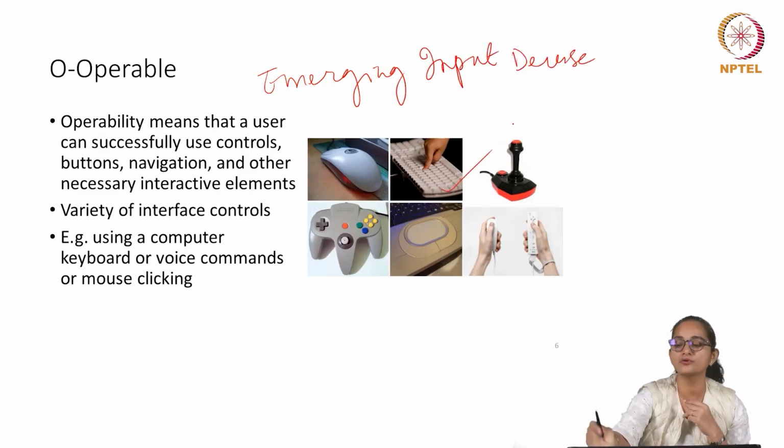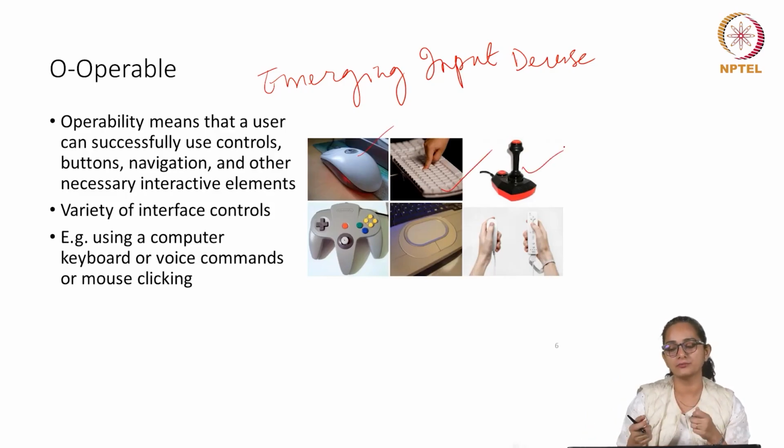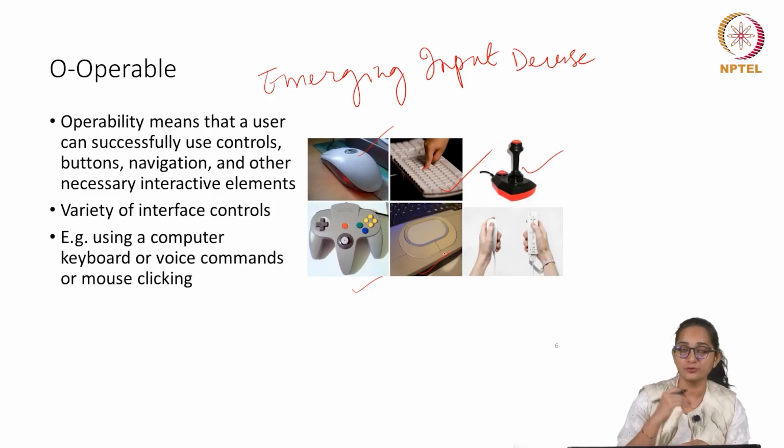So, your keyboard is an input device, your mouse is an input device, all of those other VR based input devices are there, your gaming console is there, a joystick is there, a touchpad is there, like the one on your laptop, a mic is also an input device.